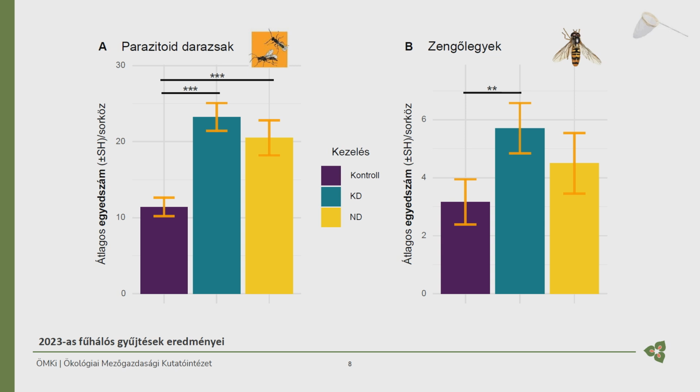When it comes to parasitic wasps, which can actually kill some unwanted and adverse bugs like mites and moths, there was a high number of parasitic wasps in the vineyards where we sowed the mixture of cover crops, and in the control site we could find much less of them.